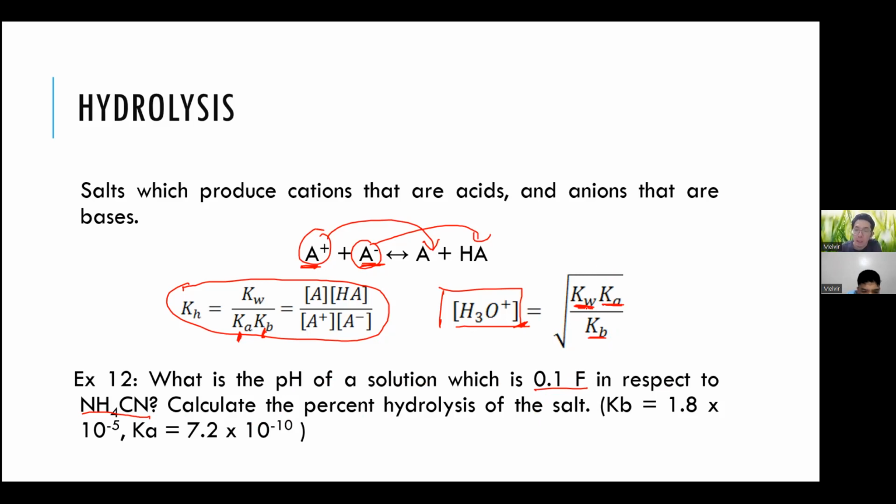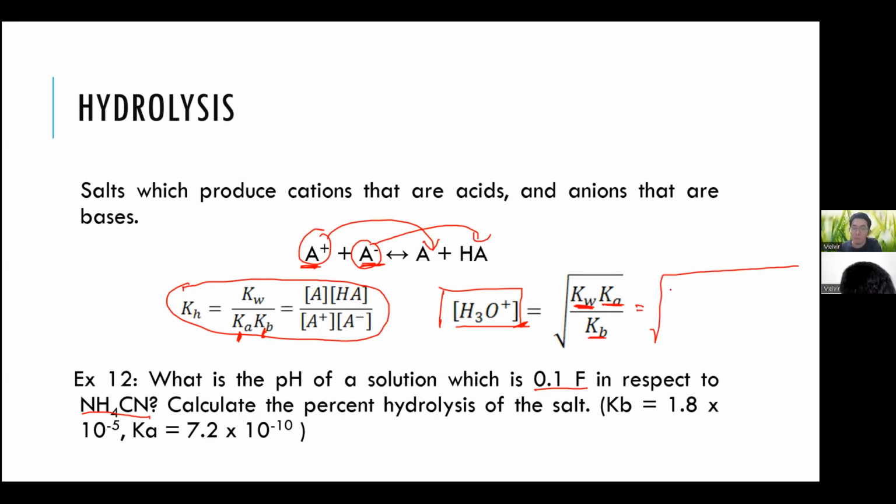The system adjusts because of the Ka and Kb of the different ions, the cation and anion, so that you gain that H3O+. The Kb for ammonia is 1.8 times 10 to the negative 5, while for cyanide the Ka is 7.2 times 10 to the negative 10. So it is direct substitution.